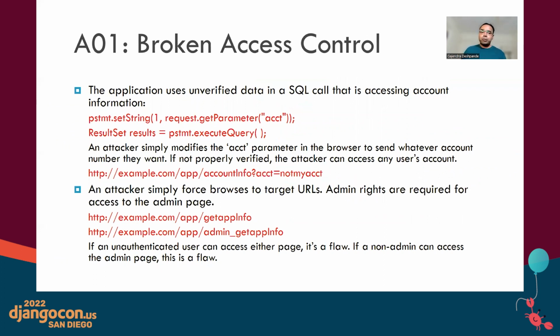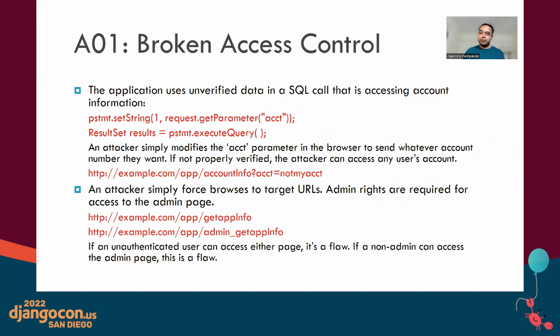So the first one is broken access control. Here the application uses unverified data in an SQL call that is accessing account information. What the attacker does is simply modify the account parameter in the browser to send whatever account number they want. If not properly verified, the attacker can access any user's account. Then there is a second scenario.